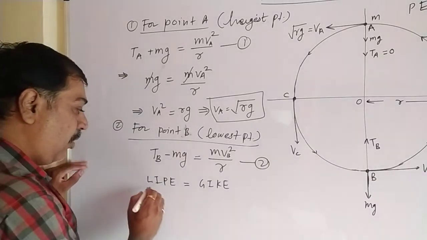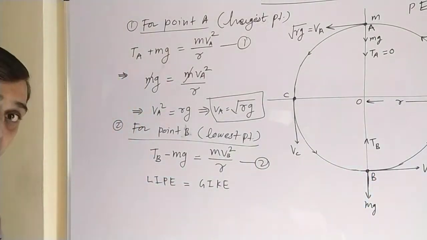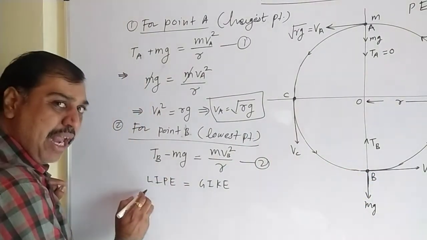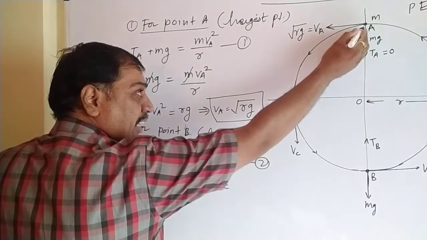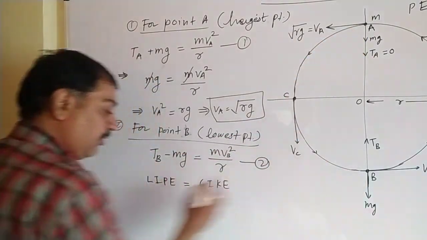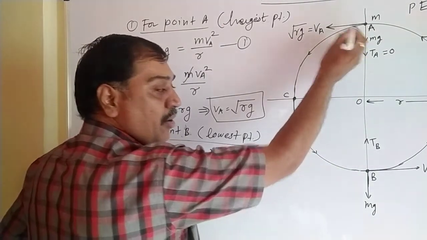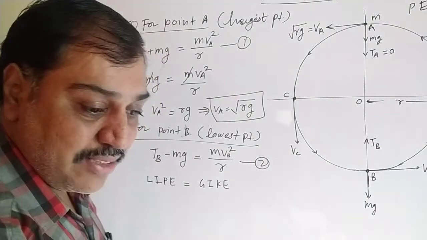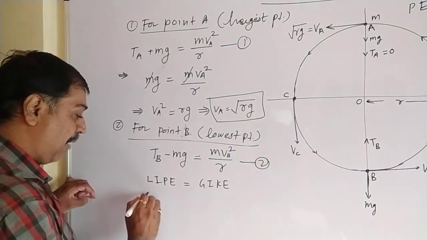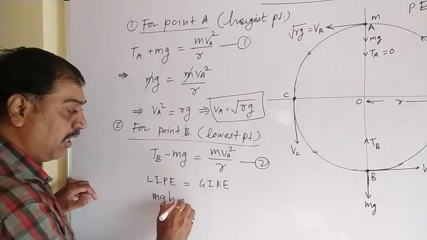So what is the loss in potential energy when it moves from A to B? Initially, when the particle is at A, what is the potential energy? It is mgh. So I will write here m into g into h, potential energy.